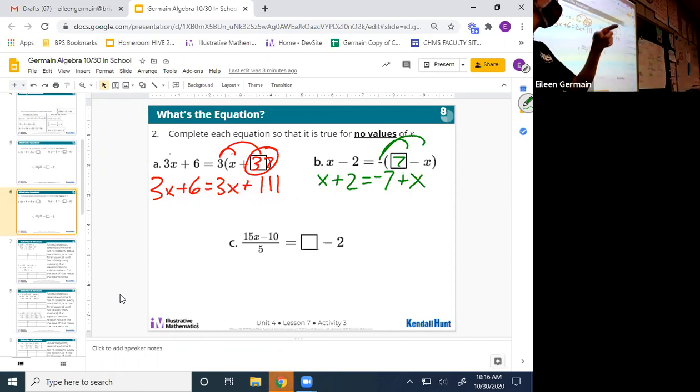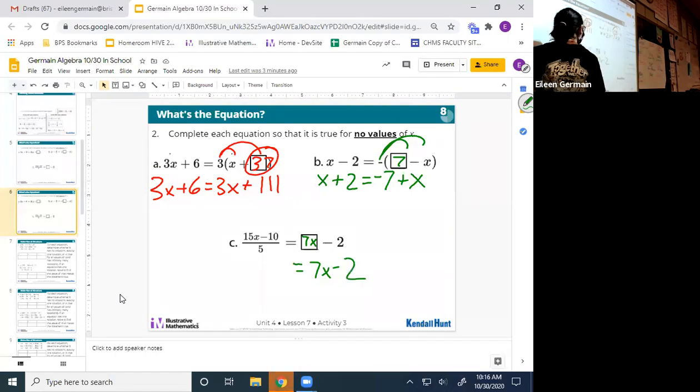What do we think? Connor? I did 7x. Okay. So let's put 7x in here. So 7x minus 2 is equal to, we simplified that on the last slide, 3x minus 2.